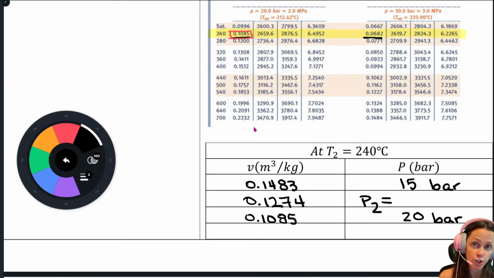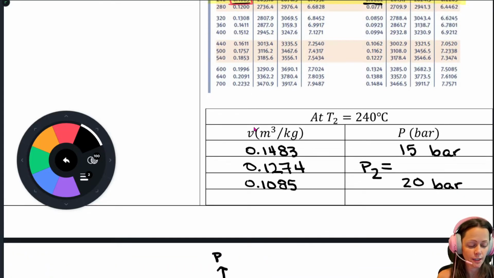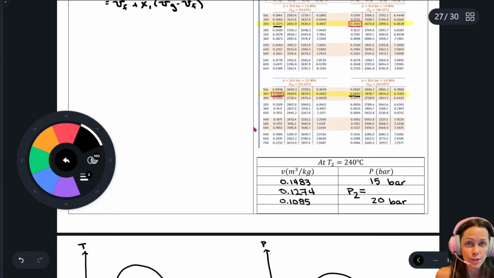So what I'm trying to show you here is that when you're interpolating, you can create your own little table and organize it so it looks consistent, in the same form that we're used to interpolating with. Because it's not always going to be organized like that on the actual table that you can look up on that PDF.